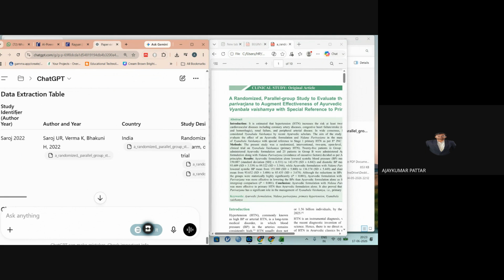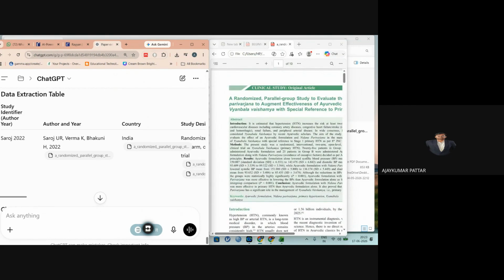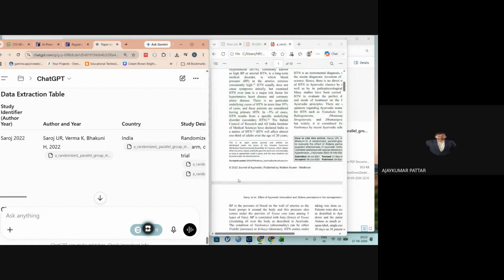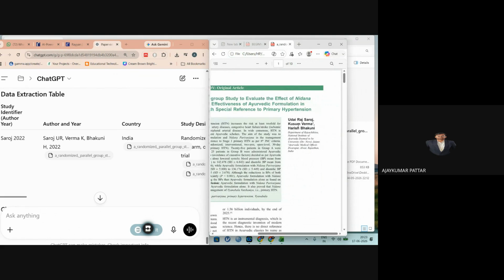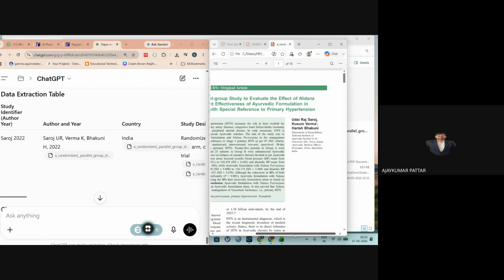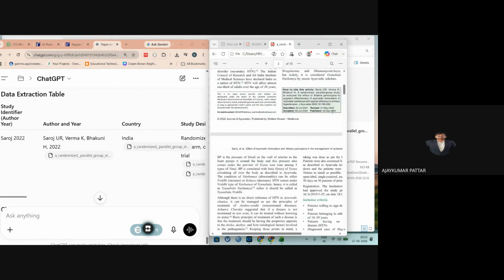Can you see here? Study identifier, author here. Uday Raj Saroj, and this is the initial author. Then it has taken Saroj as the last name, the first author's last word, then the year of publication, 2022.